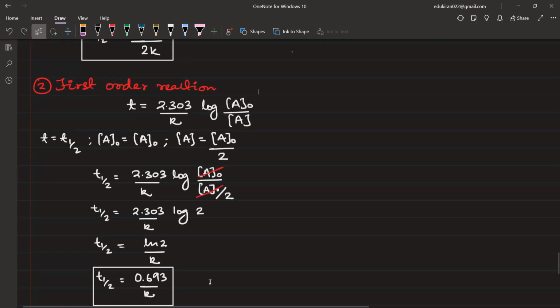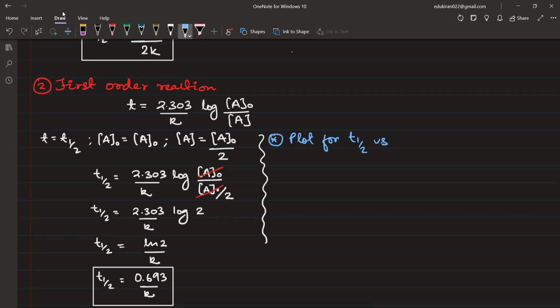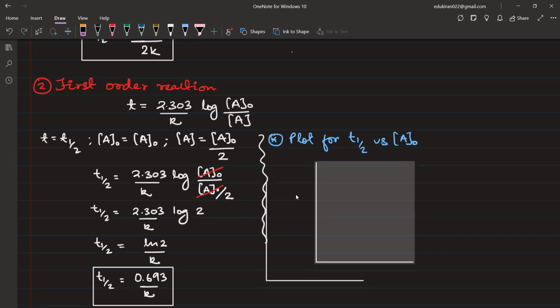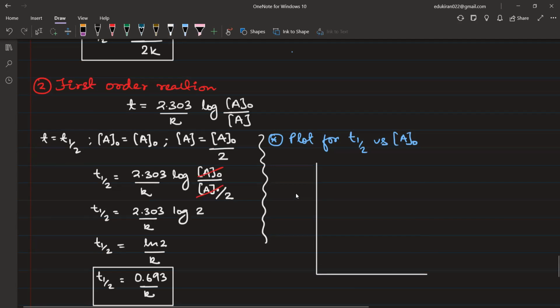We are going to plot t half versus the concentration of A. Here is A naught, and here we have t half.